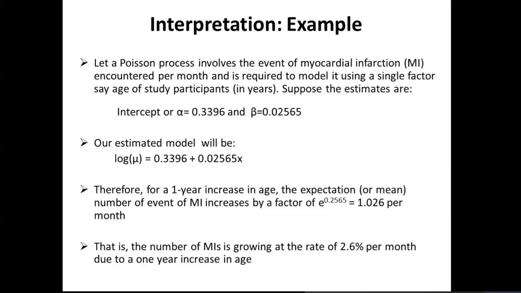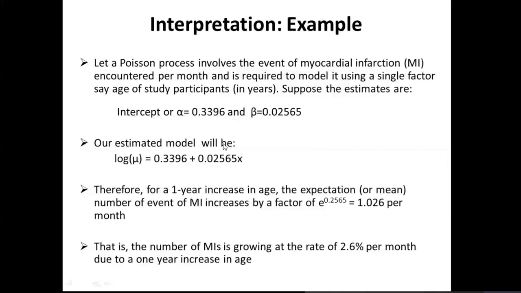Let a Poisson process involve the event of myocardial infarction, MI, encountered per month, and it is required to model it using a single factor, say age of study participant measured in years. Suppose the estimates are, for example, alpha this and beta this. Our estimate will be log of mu is equal to alpha plus beta times x.